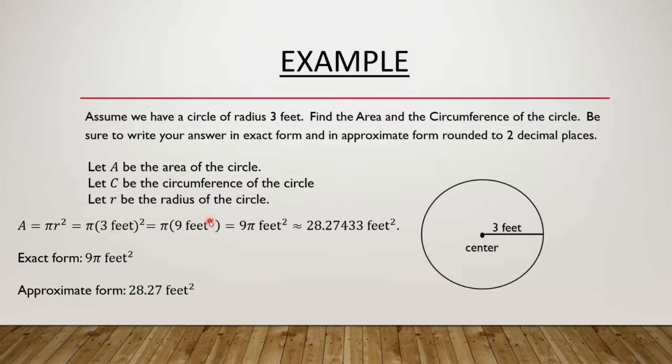Remember, when you're dealing with area, for a two-dimensional figure, your units are going to be the unit you're using for length squared. We're using feet for length, so our units for area will be square feet, or feet squared.